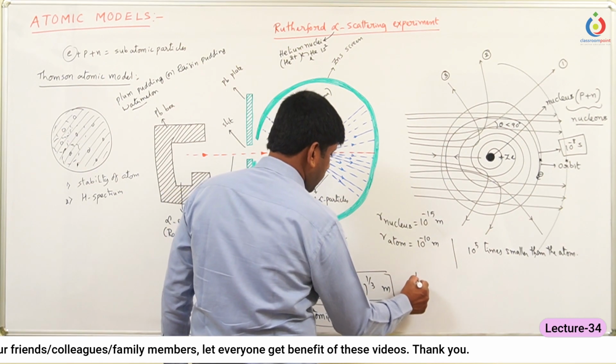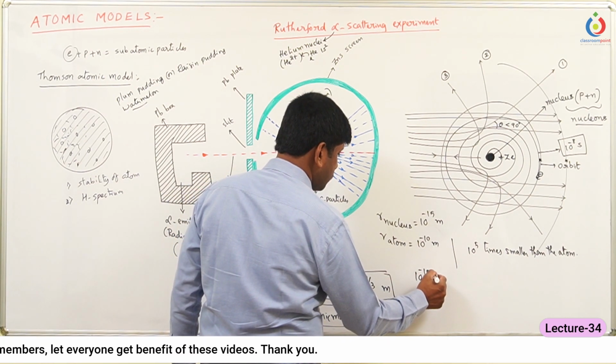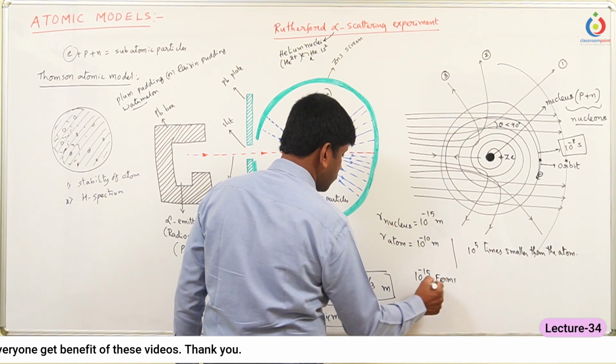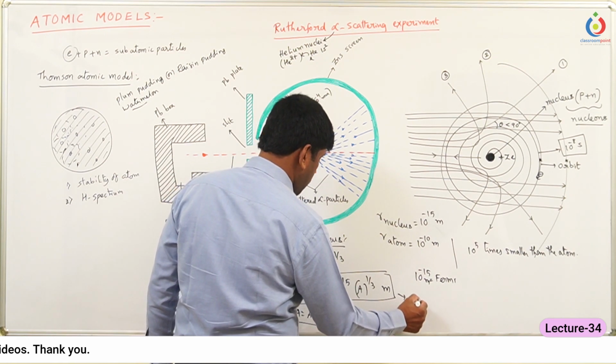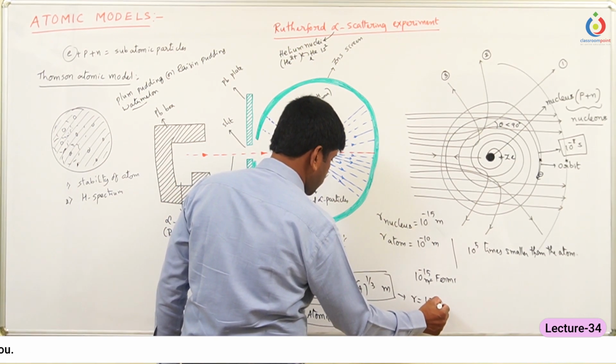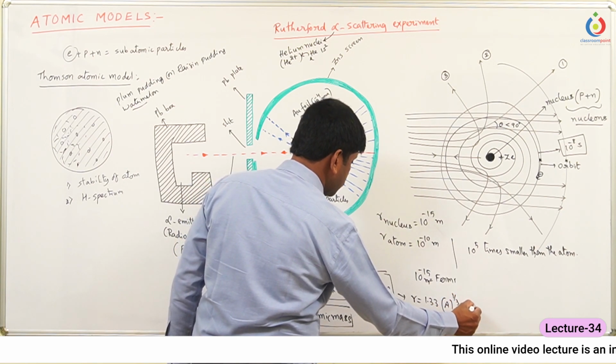And we know that 10 power minus 15 meters equals 1 Fermi. That's why this value can be written in Fermis as R equals 1.33 A power 1 by 3 Fermi.